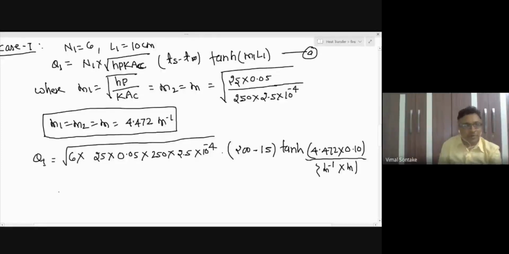So after calculating this, I will get the value of Q1 as. Please check whether it is correct or not, what I have calculated.